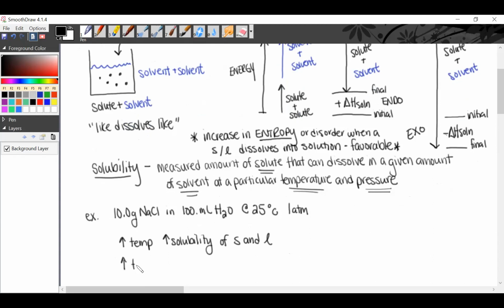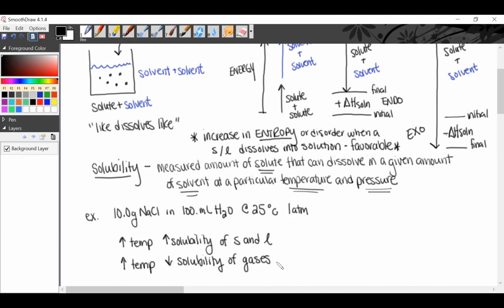If you increase the temperature, you actually decrease the solubility of gases. And if you think about it, it makes sense, right? When you increase the temperature, you make the water move faster and farther apart. You make more room for more solute, solid or liquid, to dissolve.